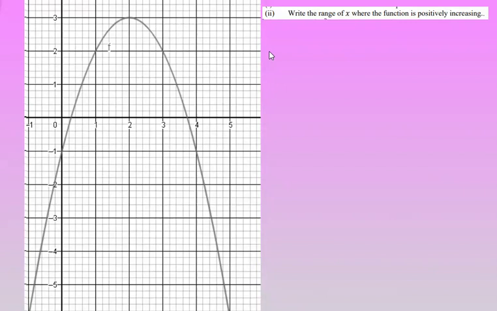All right, so here you have been asked to write the range of x where the function is positively increasing. When it comes to a graph of a quadratic function, we can clearly see there are four types of behaviors. So what are those? Let's take the first part.